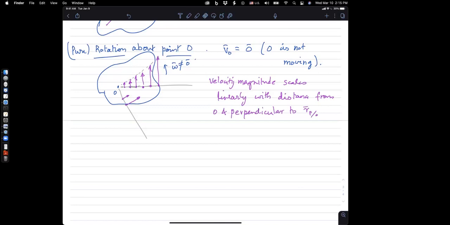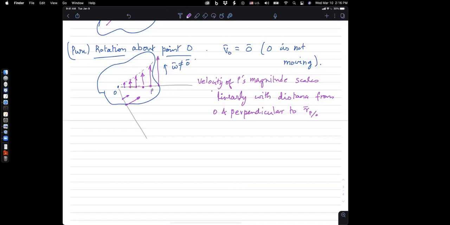So if you take velocity Vp, okay, not perfectly written there, but it says the velocity of P, the magnitude of that scales linearly with distance from O, and the direction is perpendicular for any point.